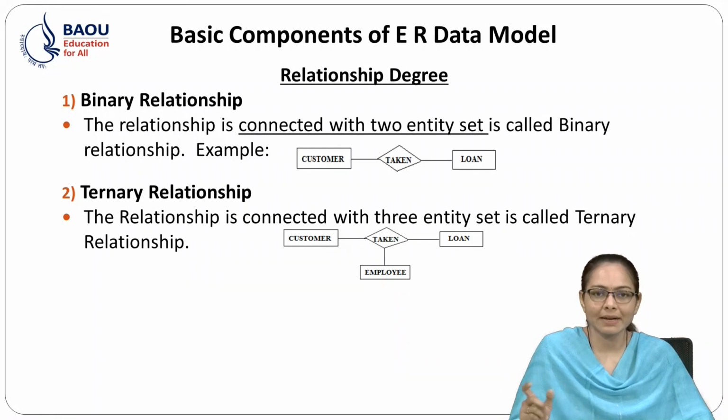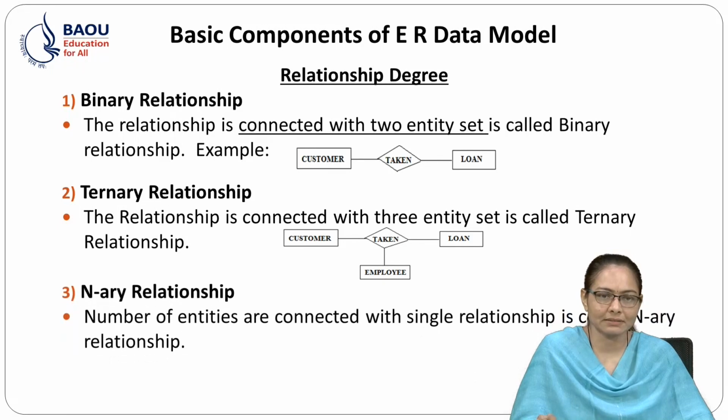So the customer entity set, employee entity set and loan entity set are connected with the relationship taken. Thus here three different entities participate in a single relationship, which is called a ternary relationship.